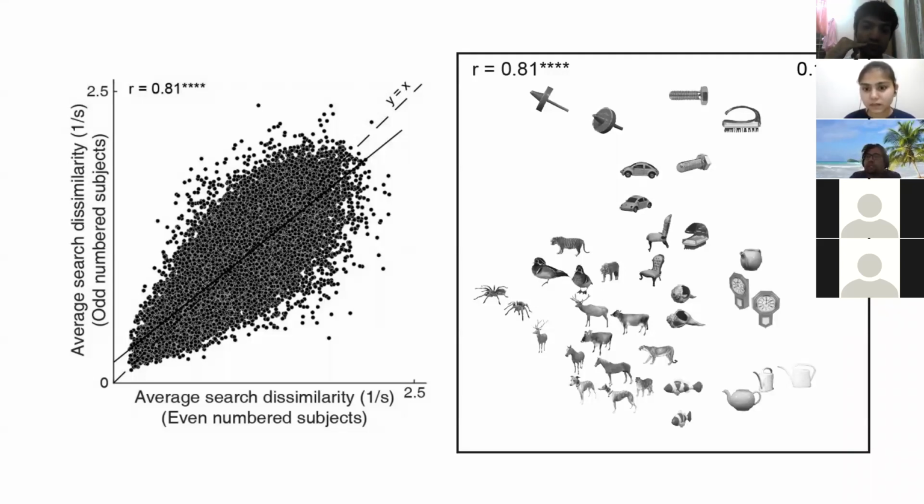If they're perfectly correlated, which means the correlation is 1, that means there is a perfect match between the dissimilarity measurements across the 2 groups.